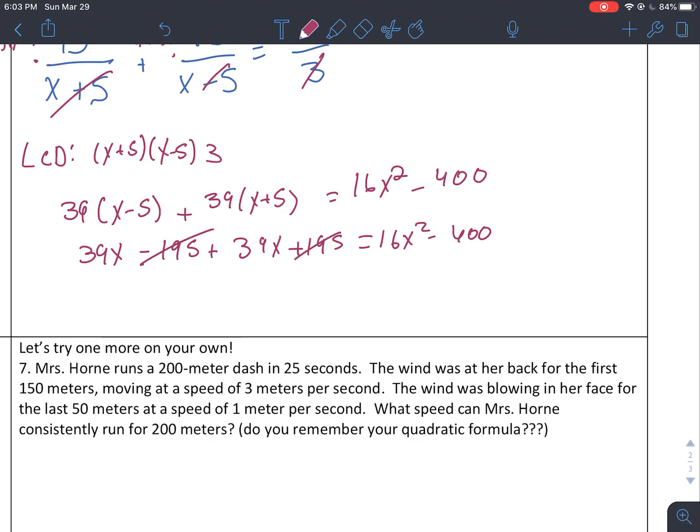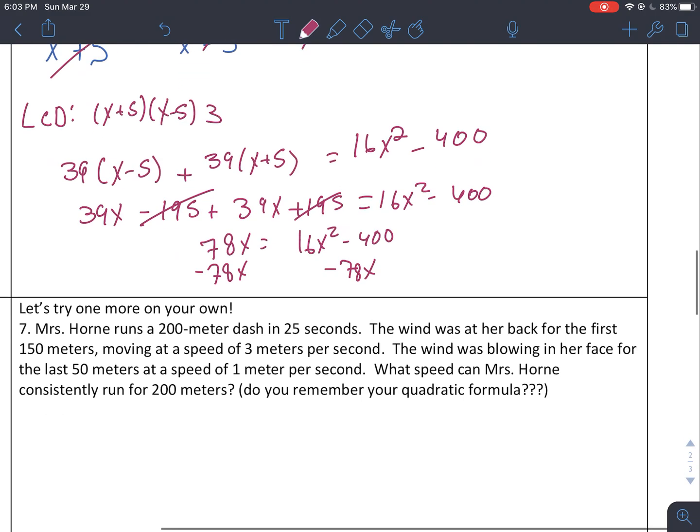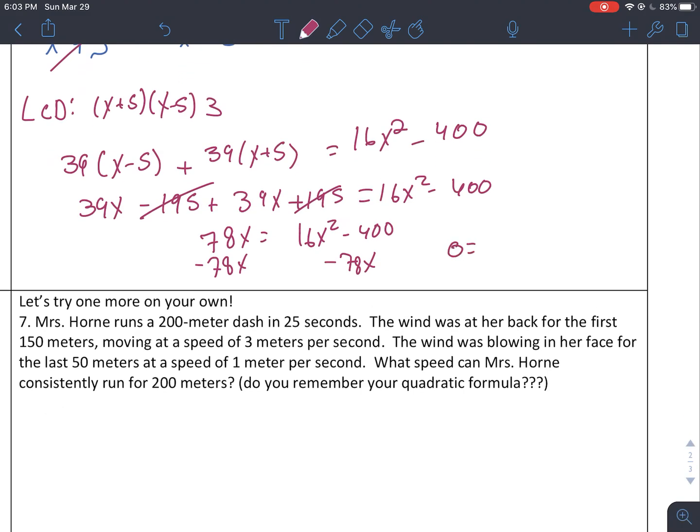Negative positive, so that gives us 78x equals 16x squared minus 400. Quadratic, x squared, so we subtract the 78x to the other side. And you get 0 is equal to 16x squared minus 78x minus 400.